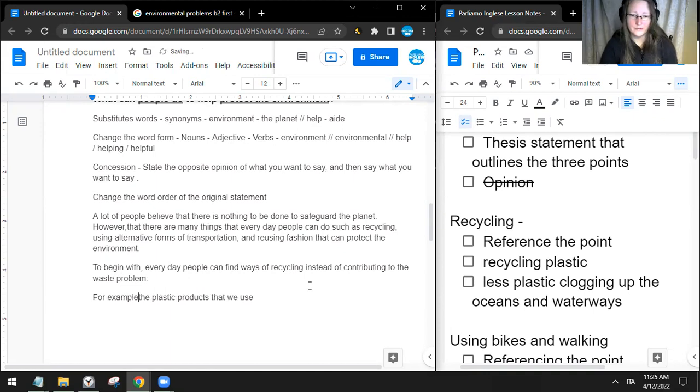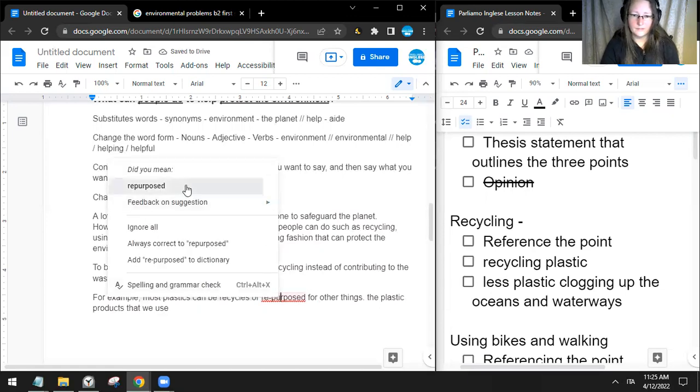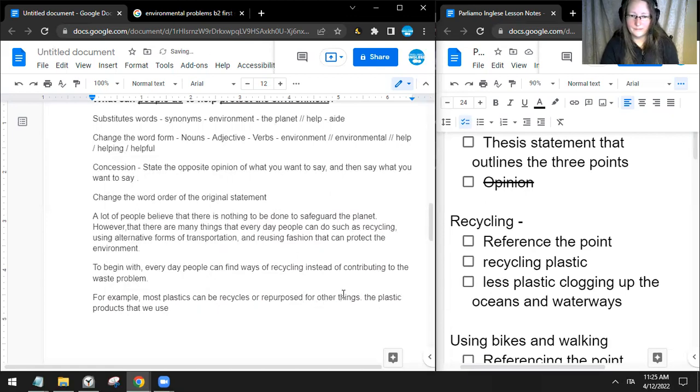For example, most plastics can be recycled or reused or repurposed for other uses, maybe.